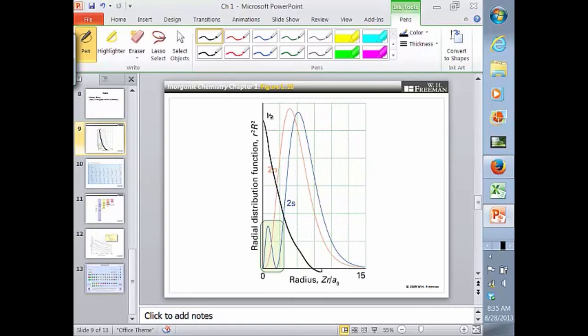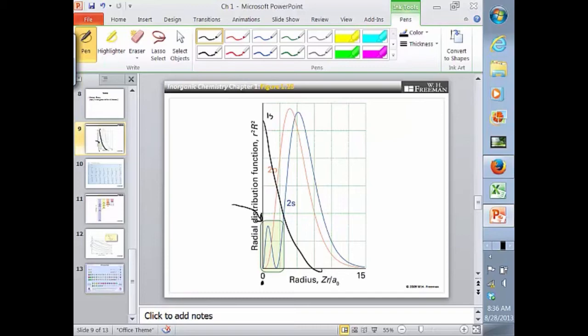If you look at the total function of the 2p orbital, it looks like it's closer. If the nucleus is over here at 0 distance, the 2p radial distribution function looks closer to the nucleus than the 2s. But the 2s has a special ability to penetrate, and that's shown right here.